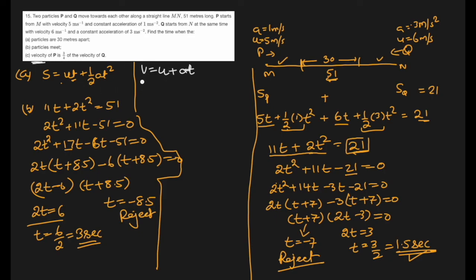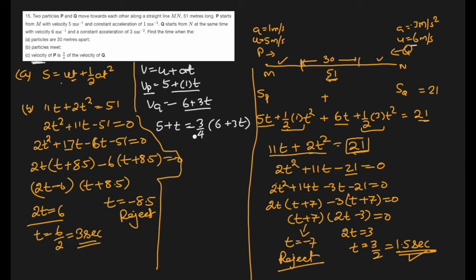So VP will be what? U is 5 plus 1T. VQ will be, initial velocity is 6 plus 3T. And they're saying that velocity of P is 3/4 of velocity of Q. Velocity of P, this one, 5 plus T, is 3/4 of the velocity 6 plus 3T.